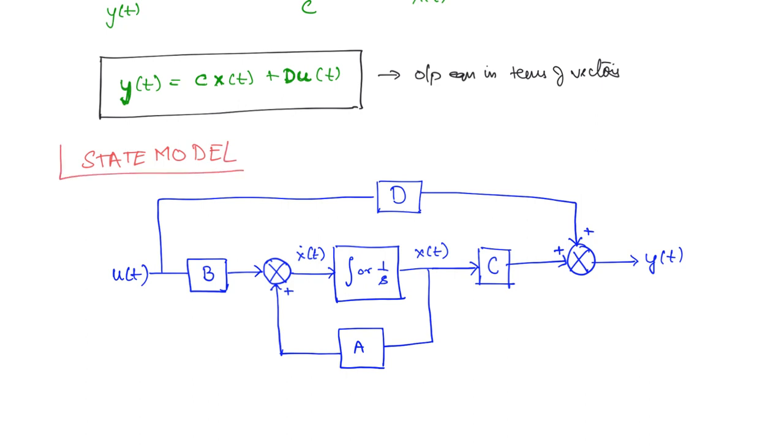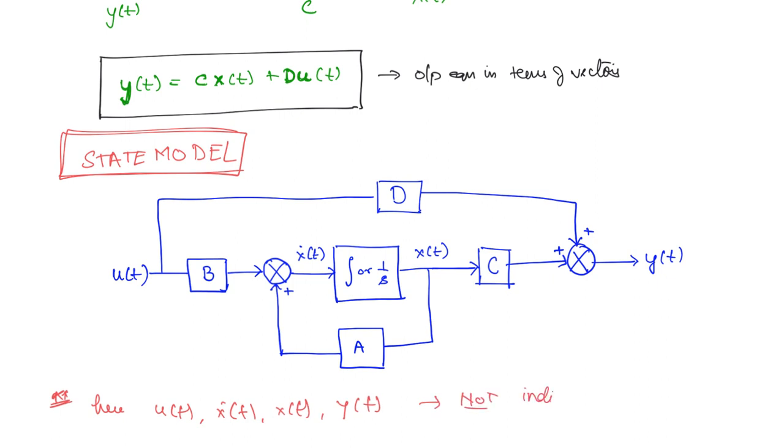Okay. One thing that you have to remember is that here these functions are not single functions, but they are vectors. Okay. Here very important point is this, it is not a normal block diagram. Okay. u of t, x dot of t, x of t and y of t, these are not single or individual functions, but they are vectors.